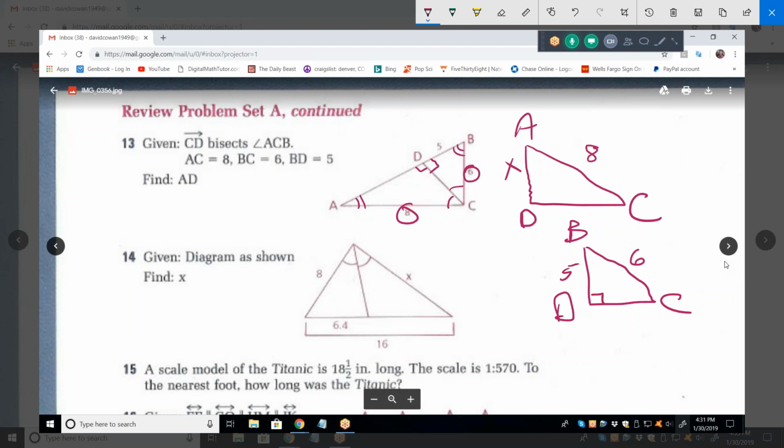In other words, if I was going big to little, I could start off by saying 8 is to 6. But now I get a little confused when I look at AD. Is that similar to that side or that side? And in my mind, it's not that easy to see. When I draw them separately like this and label everything, then I can't make a mistake.